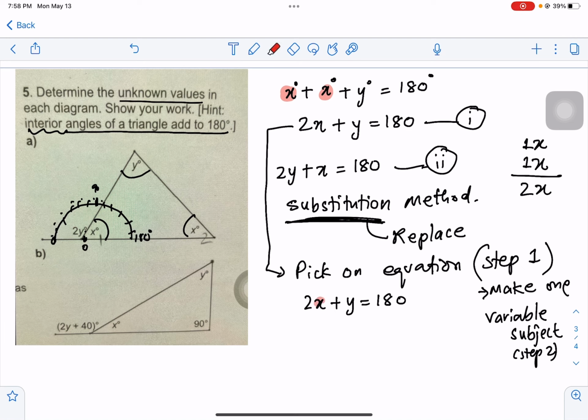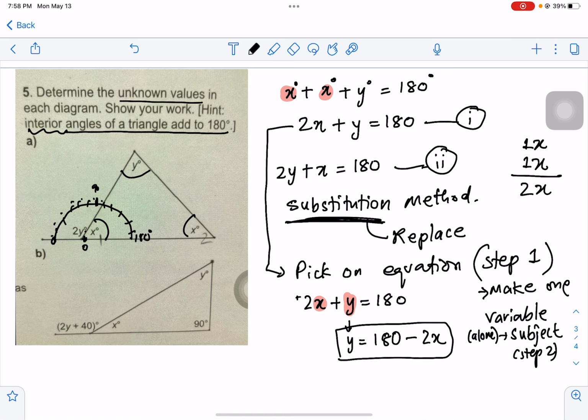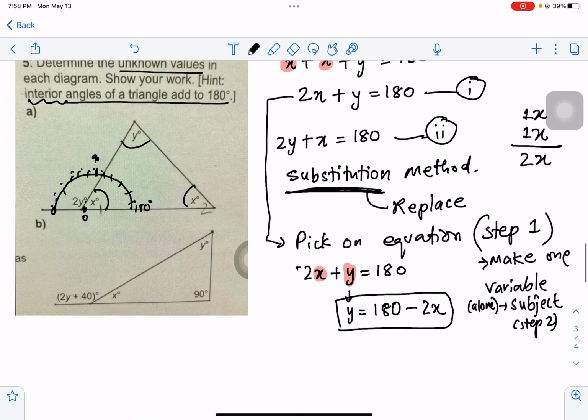Making something the subject means you're trying to make that variable alone. In this case y is the best choice because it's already a single y term. The 180 is already in the same place, and I try to shift the 2x over. It was positive, but if you shift it, it will become negative. So this is how I am making one variable the subject, alone.